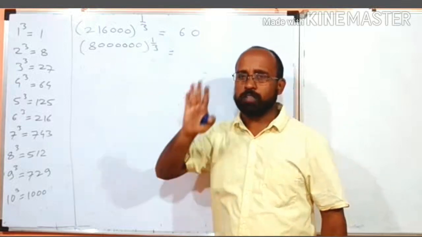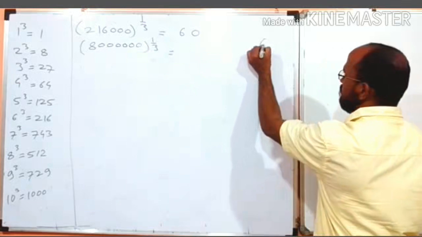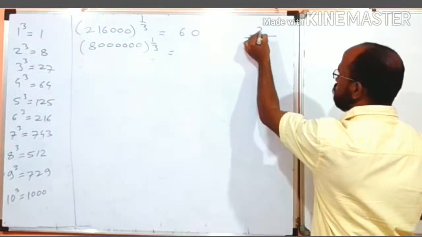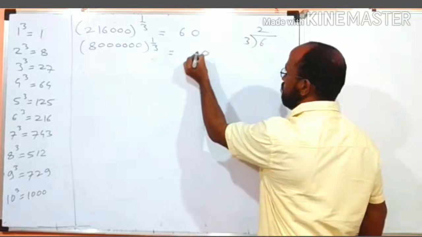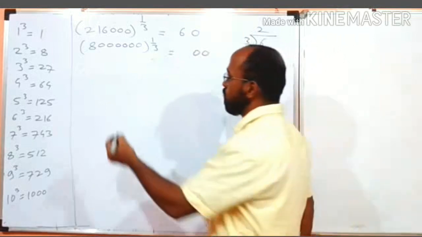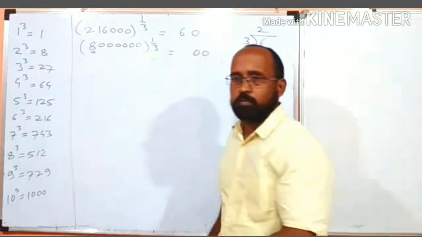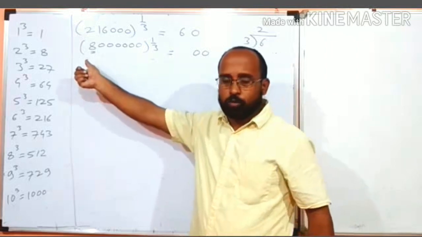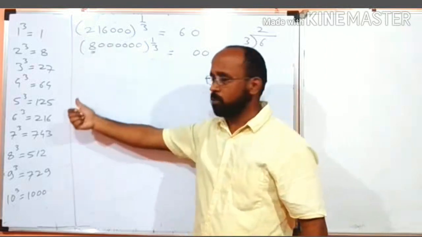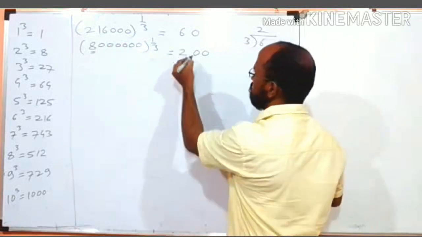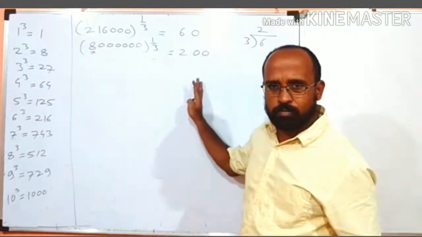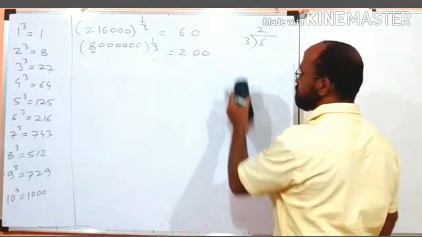So 1/3 of 6 means 6 divided by 3. Answer is equal to 2. There will be 2 zeros at the end of the answer, 1, 2. Okay. And then what we have to do? Find the cube root of the remaining number. The remaining number is 8. The cube root of 8 is 2. Finished. Clear?